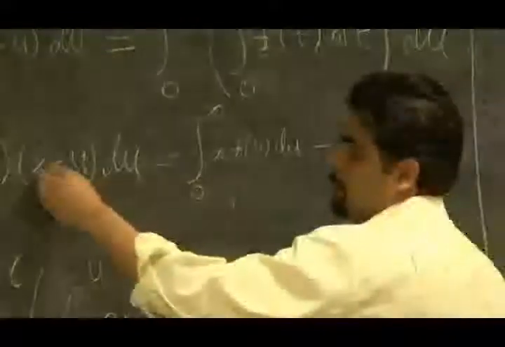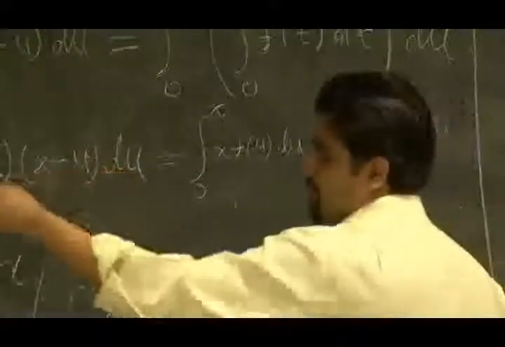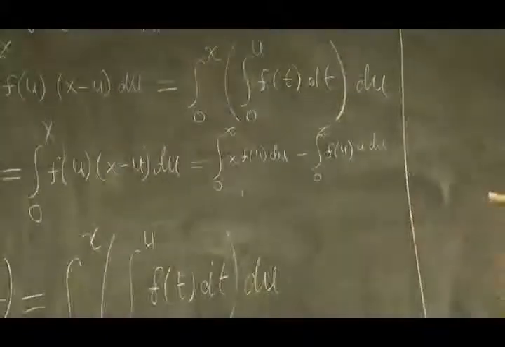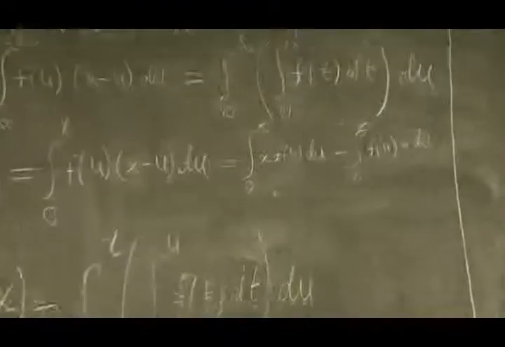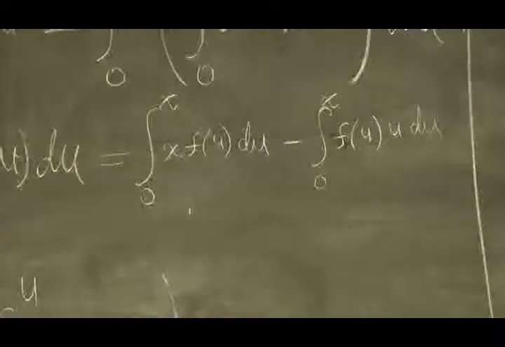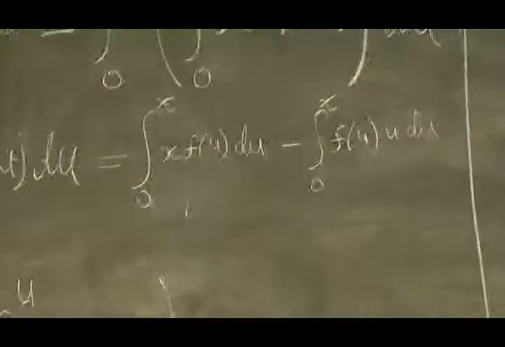That x minus u times f is xf minus uf, right? So we can separate the integrals and have two integrals like this. Okay? Using what we argued for the previous problem, I can pull this x out.